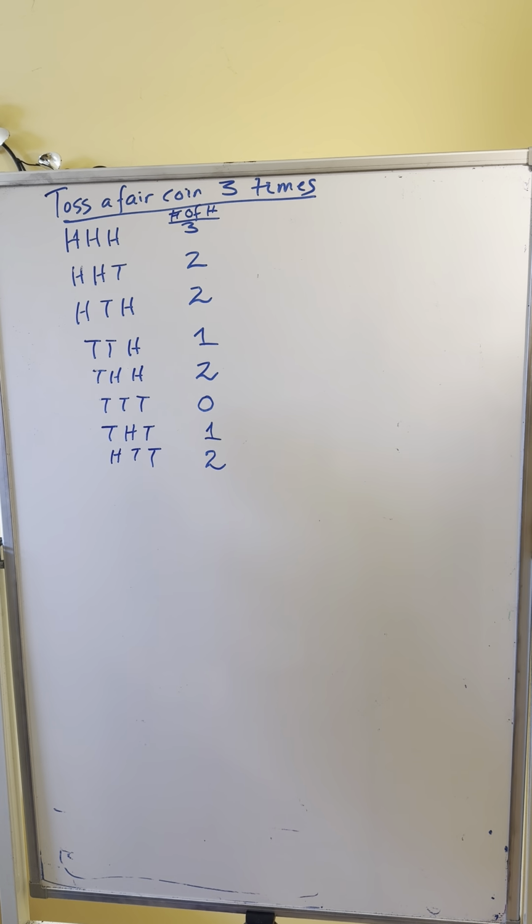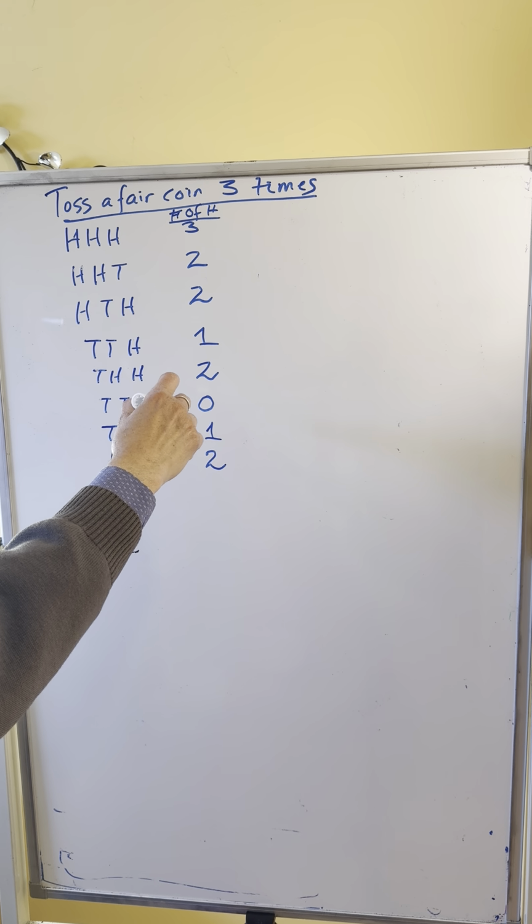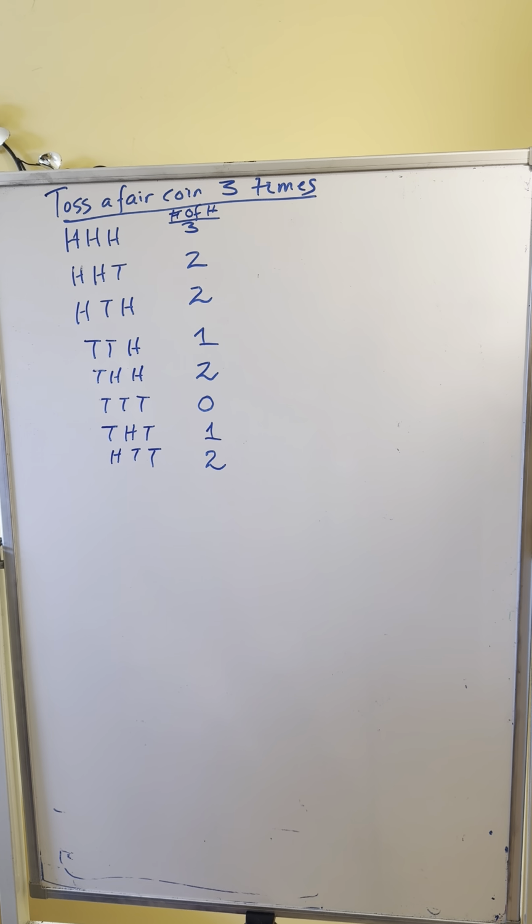Okay. So these are all the possible combinations of tail and head that you can get when you toss a fair coin three times. So we are looking at the probability distribution of the number of heads. As you can see, the lowest value is 0, the highest value is 3.